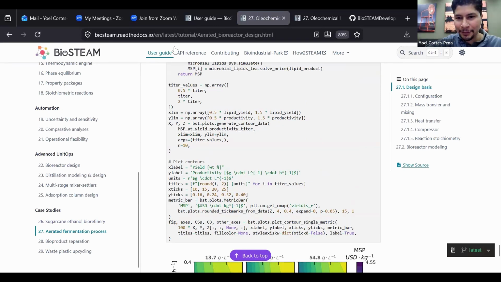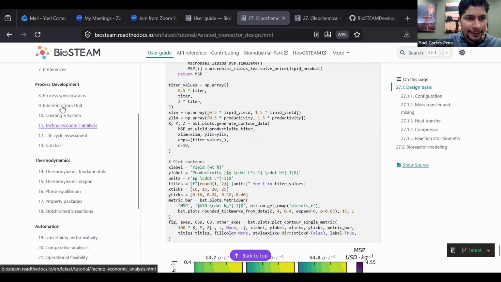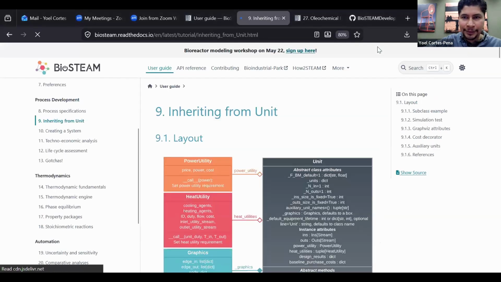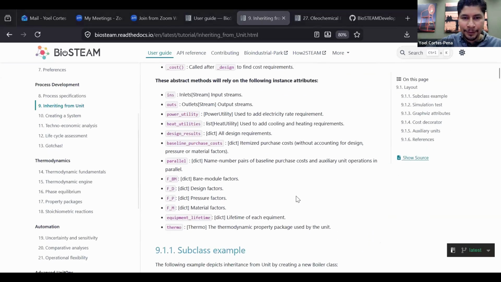I'm happy to take one more question. I would like to ask you about the possibility to combine custom process unit models previously fitted with the predefined ones in BioSteam. Yeah, there's many ways to combine, right? What you want to do is look at first this inheriting from unit tutorial.